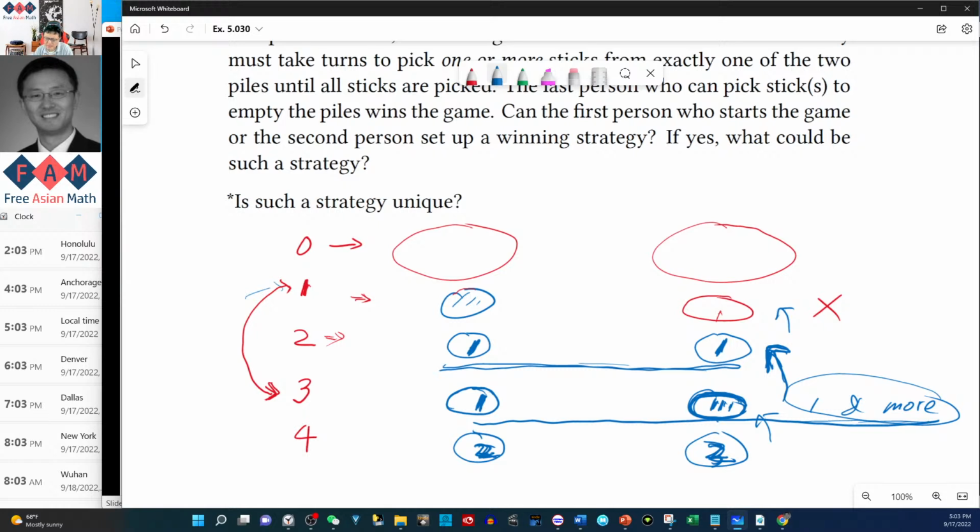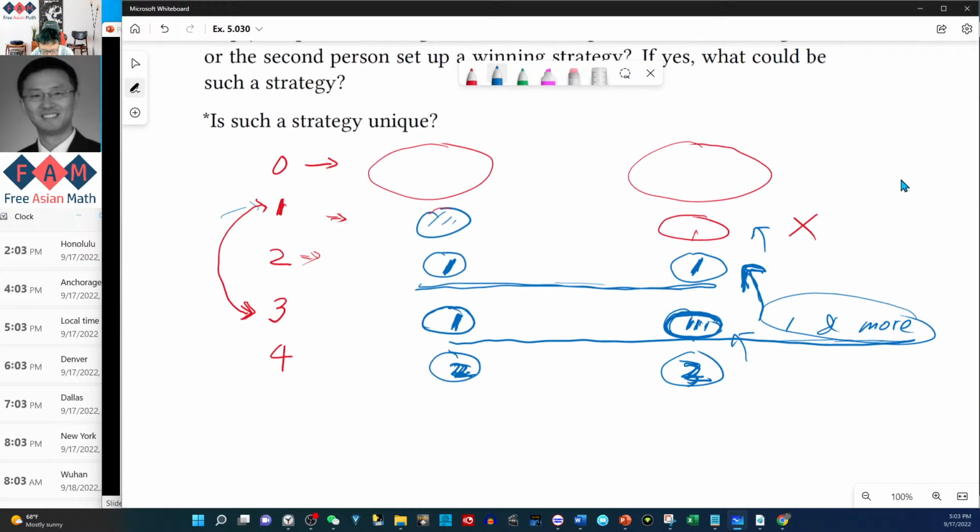So that really gives us the clue. You see what happened with the losing guy's situation. Every time he faced a situation where both piles have exactly the same numbers, he has to pick at least some sticks. It doesn't matter from which pile, because both piles have exactly the same number.